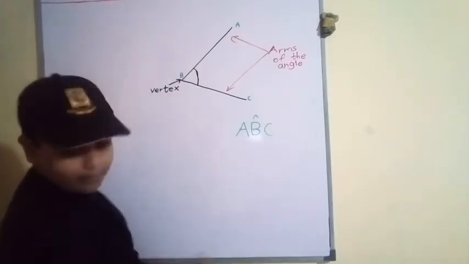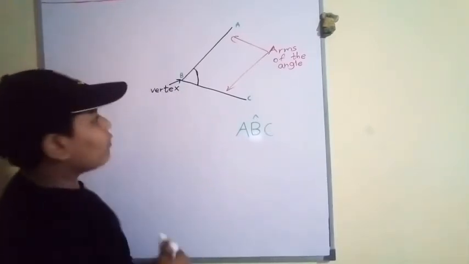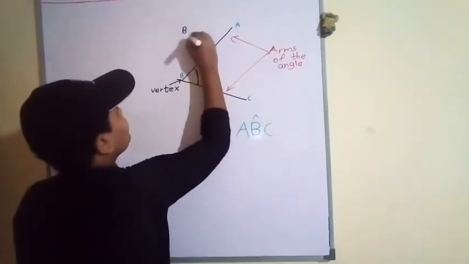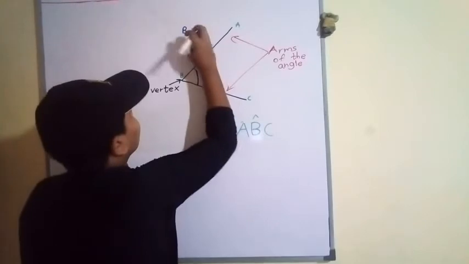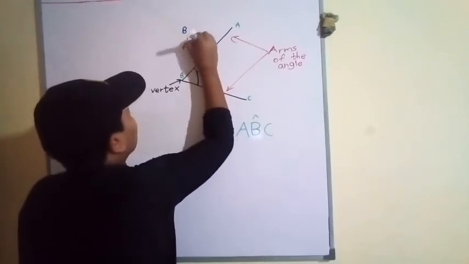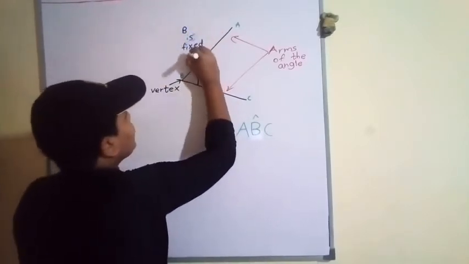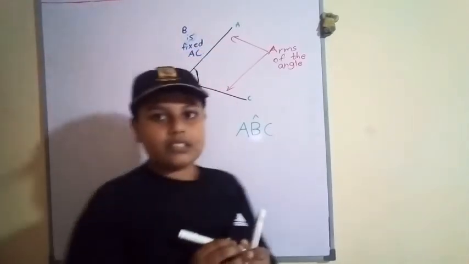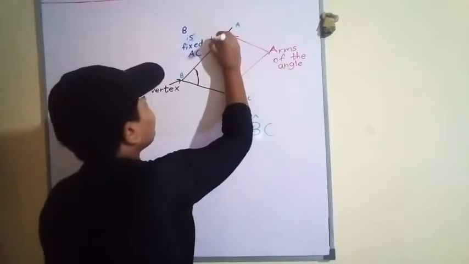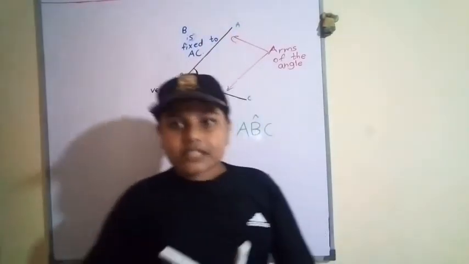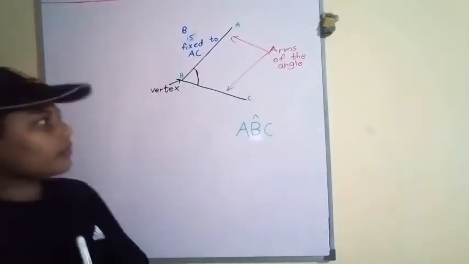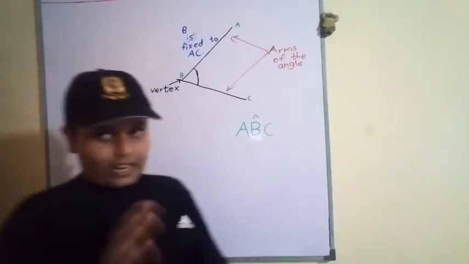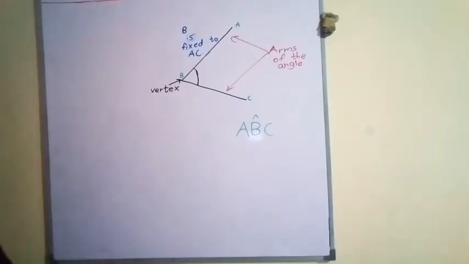What is B? B is fixed, right? You can write that B is fixed to the line AC. That is the main part of the angle.